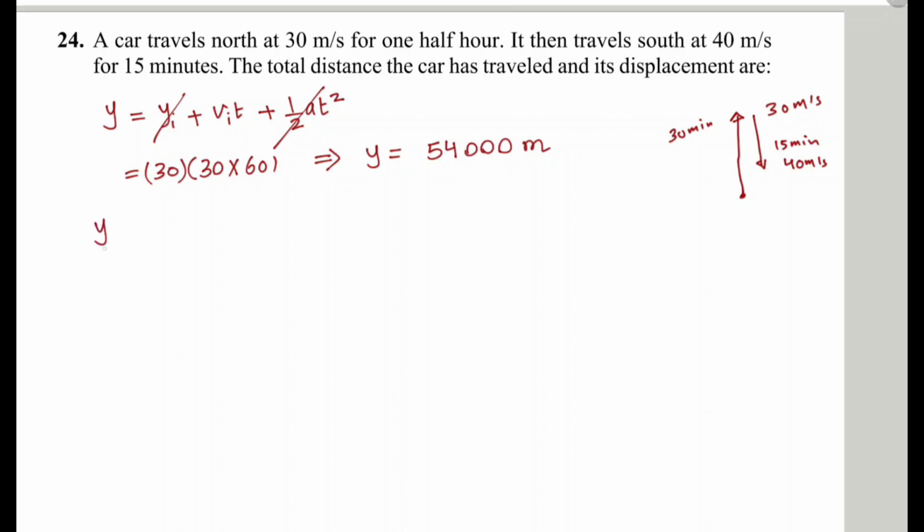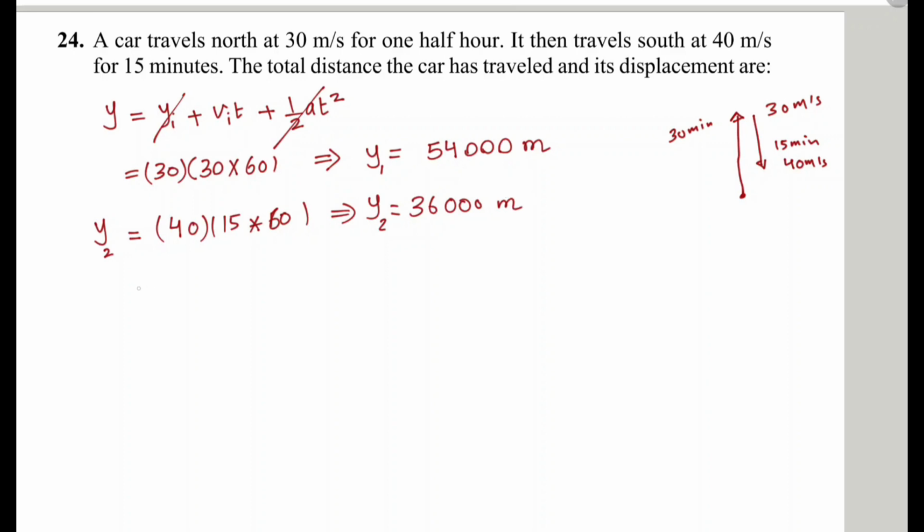Now y for the second part, same rule, it's 40 times 15 times 60, so it's equal to 36,000 meters. This is y1, this is y2.